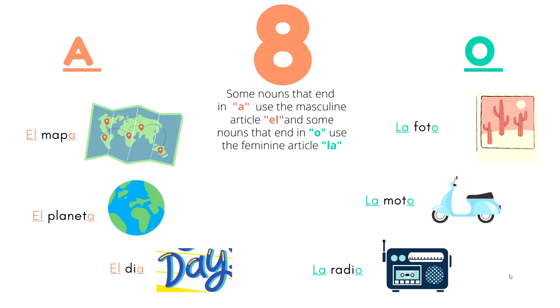Aleluya. Ahora, let's go over some nouns that end in O that use the feminine article la. La foto, la moto, la radio. Muy bien.